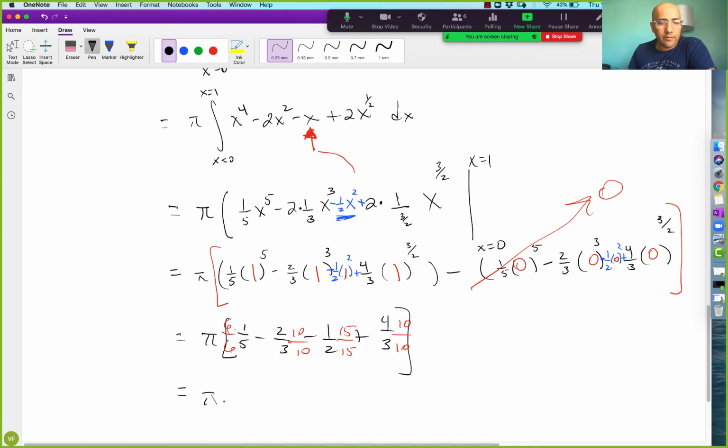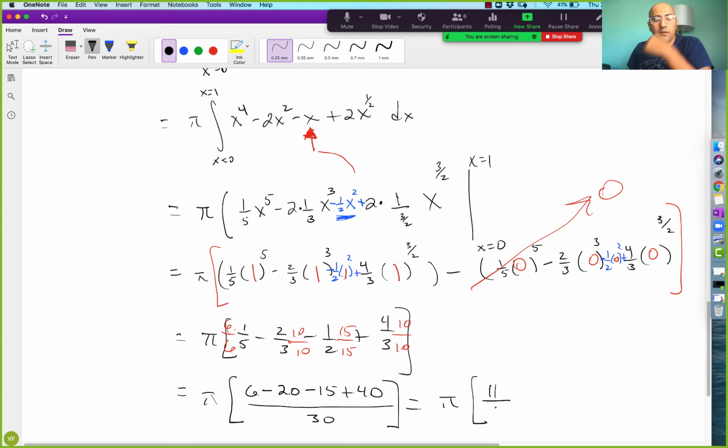So we end up with pi times 6 minus 15 minus 20 plus 40, divided by 30, which gets me to pi times negative 35 plus 40 gets me to positive 5, plus 6 gets me to 11 over 30.